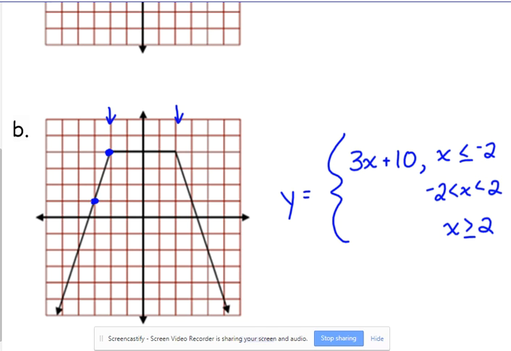Okay, the middle piece is at 4. It's just a constant at 4. The last piece has a -3 slope, and its y-intercept would be the same thing. If we go up 3 over 1, up 3 over 1, we're going to end up at 10 on the y-axis.